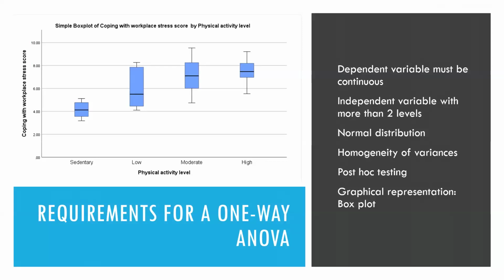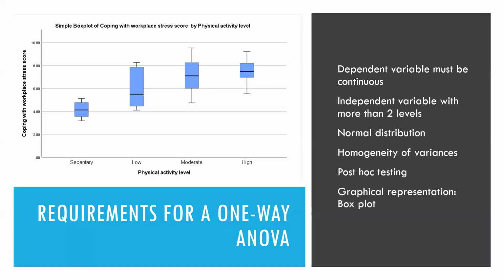The way you interpret a box plot is you just look across, and obviously sedentary is significantly lower than those two. If you look at the difference between moderate and high, there's no statistical difference in that box plot. But clearly, if you look at sedentary versus high, there's a big difference.